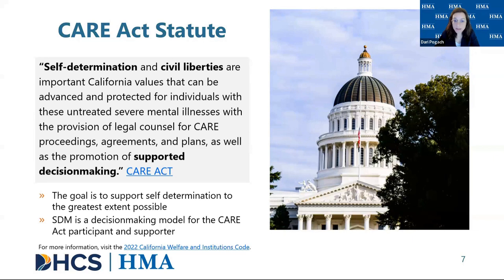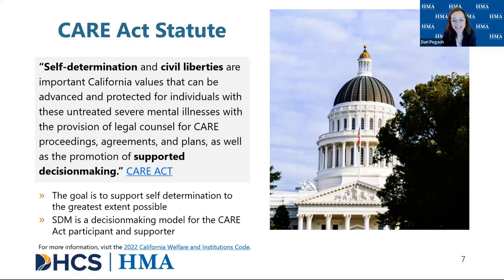So the supported decision-making model is a tool to advance self-determination and civil liberties through the CARE Act. And I do want to say we're talking today about best practices for implementing supported decision-making. We'll talk later about how those in the decision-making network, including the volunteer supporter, can facilitate supported decision-making. But this is a model. These are best practices. And of course, we understand that they won't always work out as perfectly as we describe them today in reality.